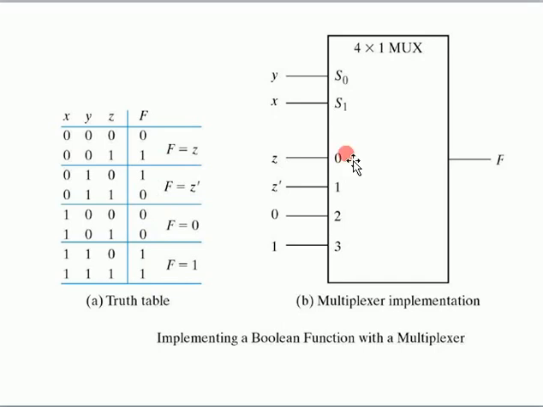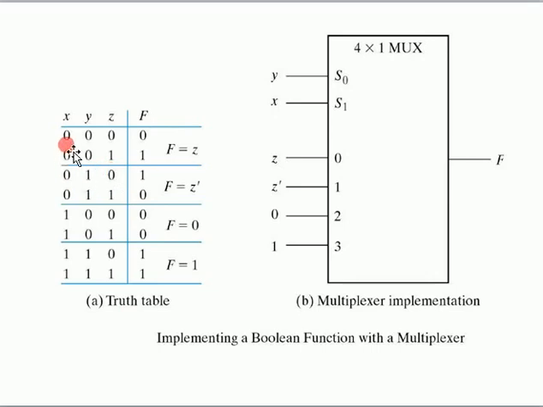Now we have to use the 4 cross 1 mux. First of all we will divide these combinations into 4 sections, by taking 2 combinations in each section.